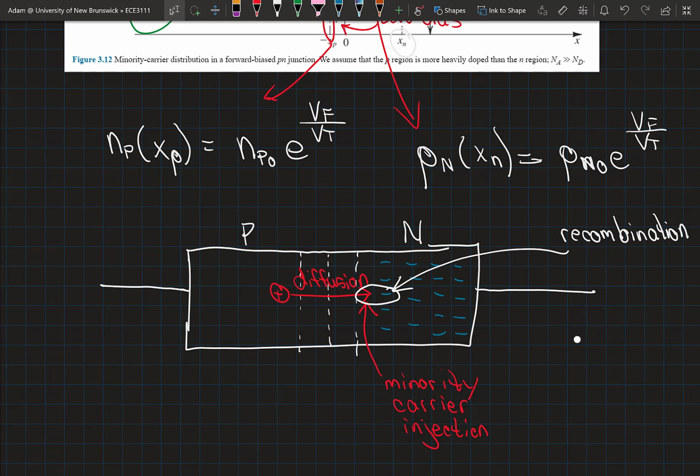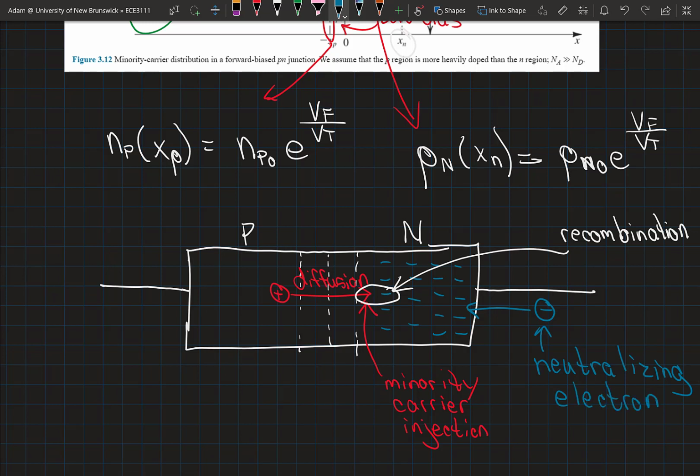So to counteract that, my external circuit here will have a neutralizing electron supplied. Okay, and this explains why we have current flow.